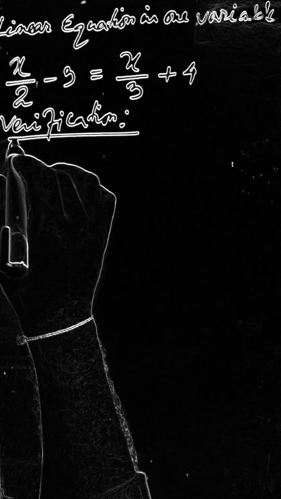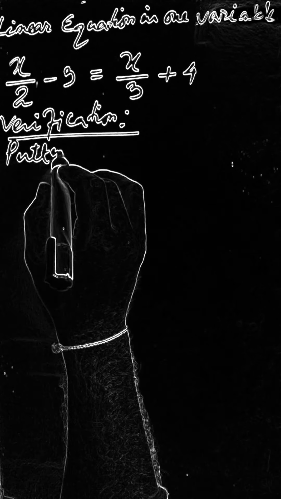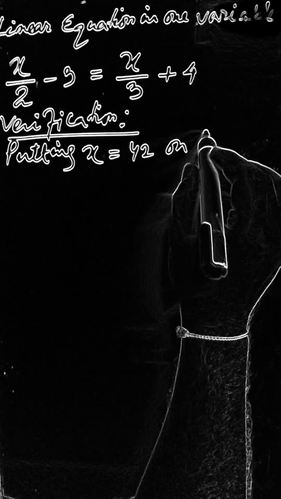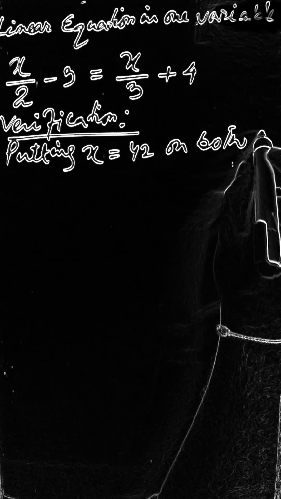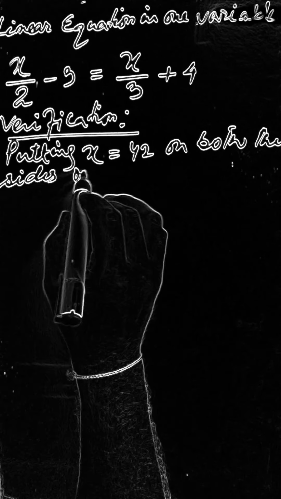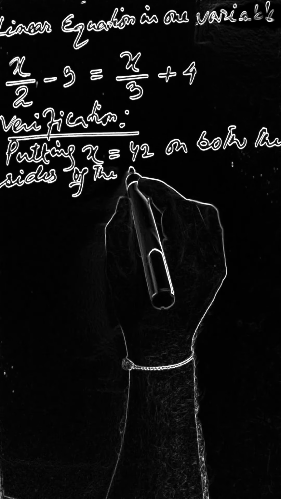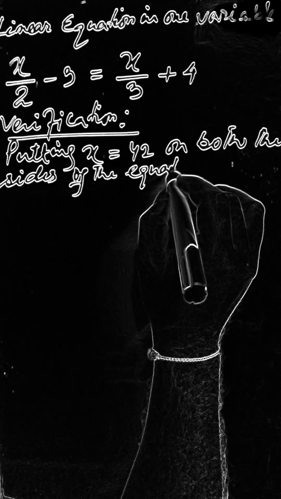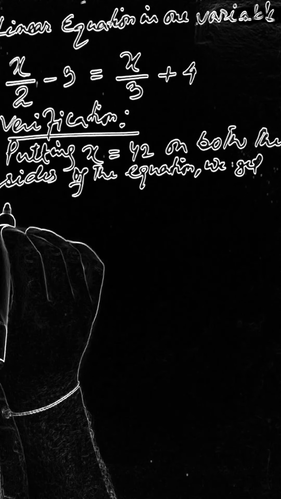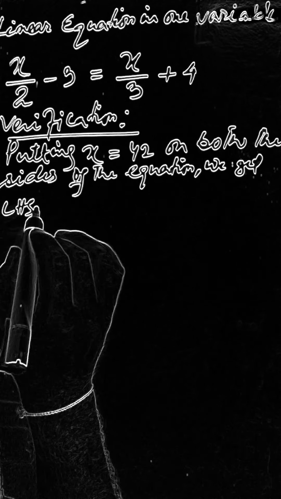That means putting x equal to 42 on both the sides of the equation we get. First, let me write here left hand side.